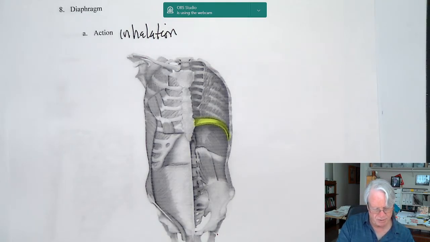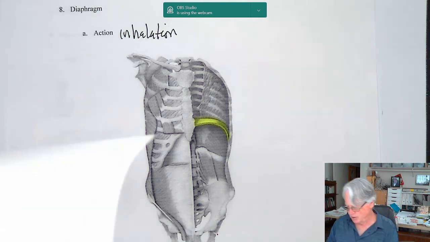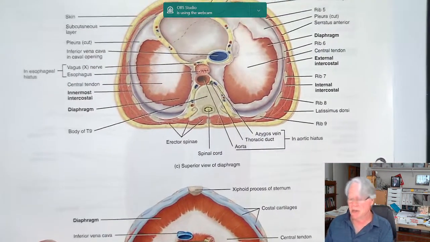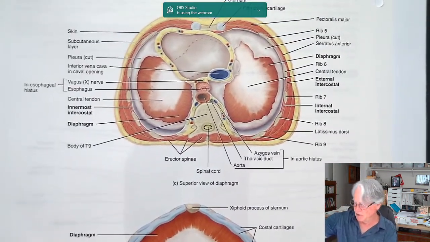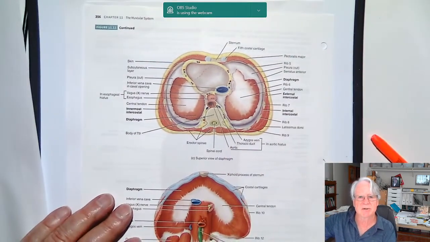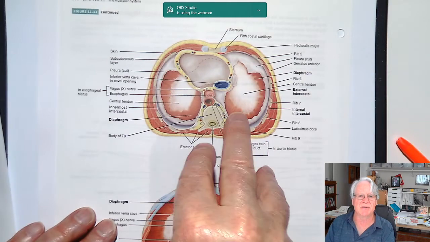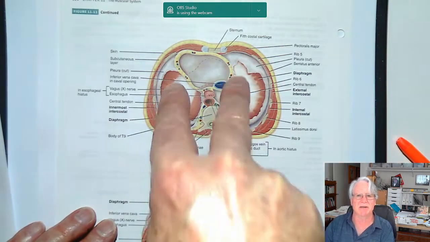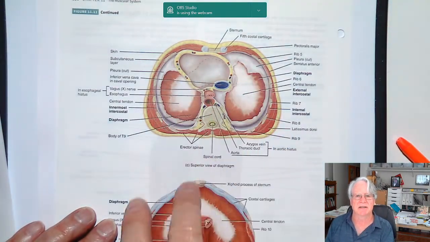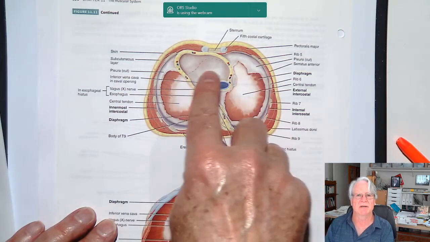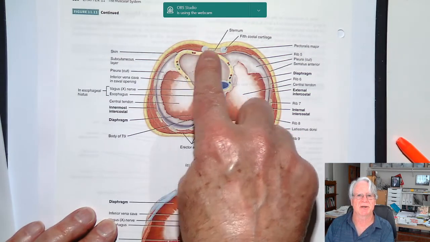I think your textbook has a couple of images too. This is on page 356. So this is a superior view. So we're looking from the point of view of the thoracic cavity down on the top of the dome, if you will. Okay. So here's my heart, for example.